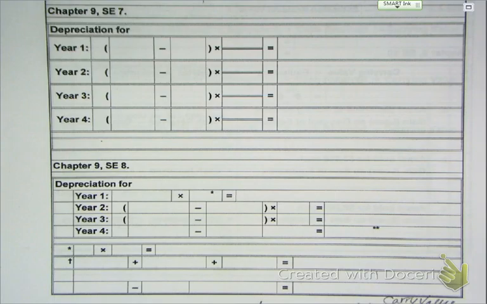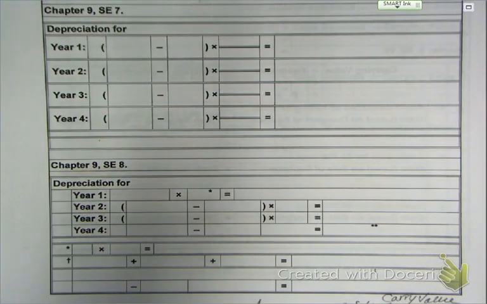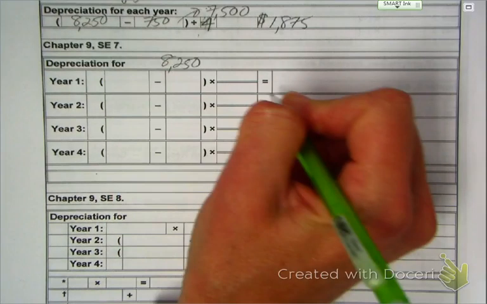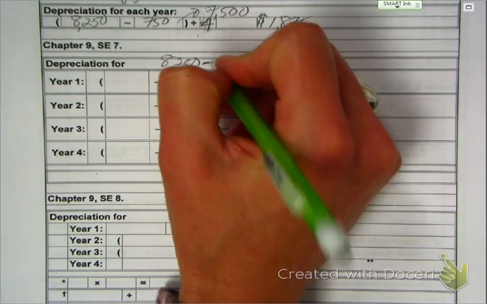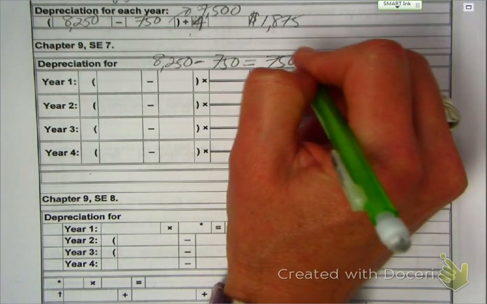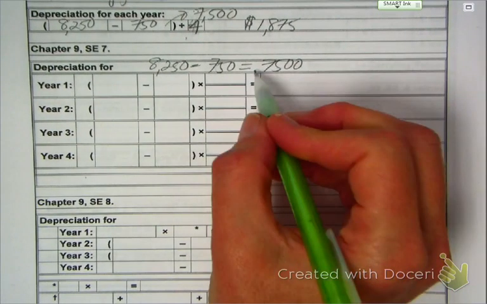Okay, so we have an estimated useful life of 8,000 hours. Applying that formula that we just talked about, our cost minus our residual value divided by the estimated useful life, our cost is 8,250 again, minus our residual value of 750, gives us 7,500. So we're only going to depreciate it for 7,500.